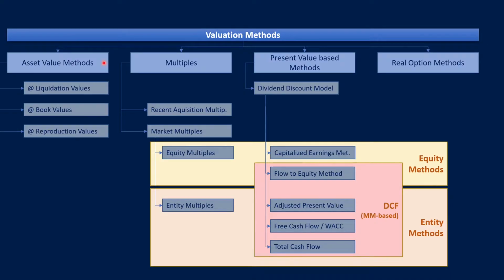So it's just like financial reporting. We see financial reporting here because it's asset value methods at book value. Each individual item of the company will be valued here at the book value, or alternatively at its liquidation value, or alternatively at its reproduction value.